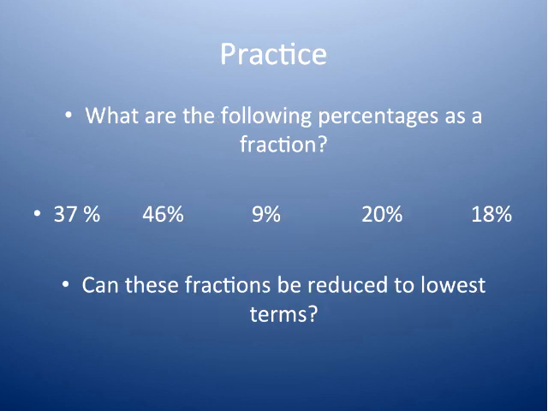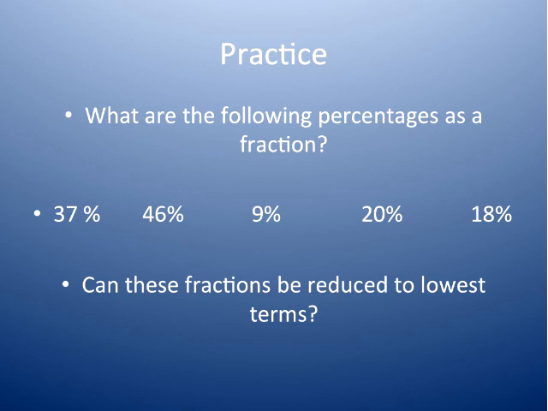Let's take a look at some questions. What are the following percentages as a fraction? We're not going to worry too much right now about putting them into lowest terms. What about the very first one, 37%? Zach says 37 out of 100. Very good.